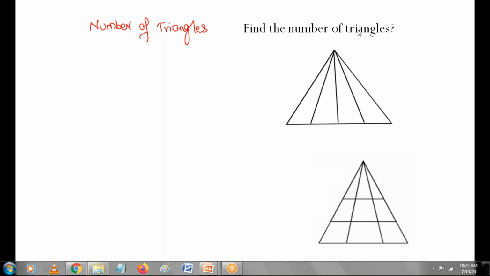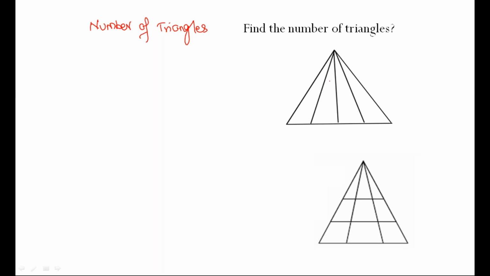Now here, see, if you want to find the number of triangles, let me go for one small diagram before those two. So let's consider this is the first one and this is the second one, and the third one you want to discuss.